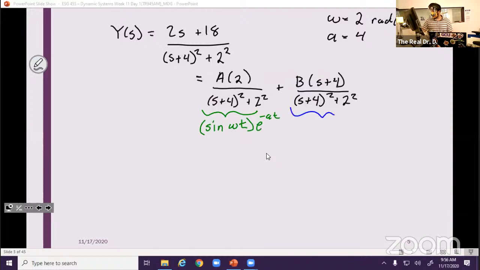And this second part is due to cosine omega t e to the negative at. That's where they came from. Those are just the Laplace transforms from the table that I've plugged in my values for. But I know that some portion of that has to be due to the sine, and there's some scaling factor A on there that's going to tell me how much of it is sine. And there's some scaling factor B there that's going to tell me how I'm amplifying or attenuating my cosine.